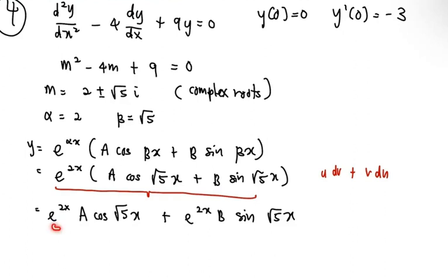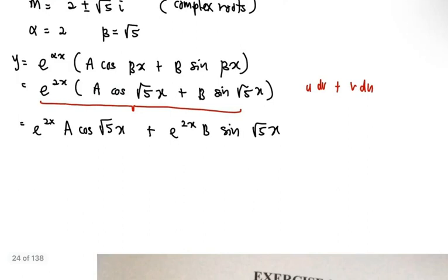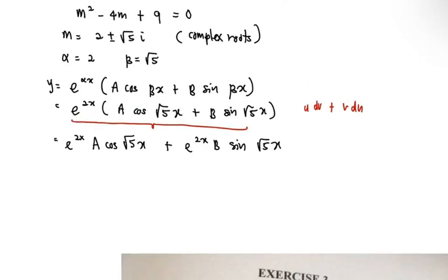For this part, you have e to the power 2x a cos root 5x. For this part, e to the power 2x b sin root 5x. So this is one product rule, and this is also one product rule. The calculation will be quite long.